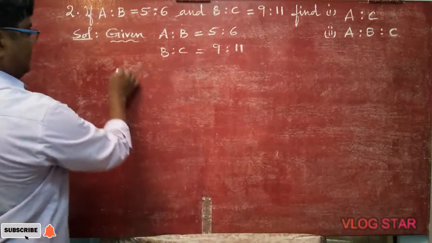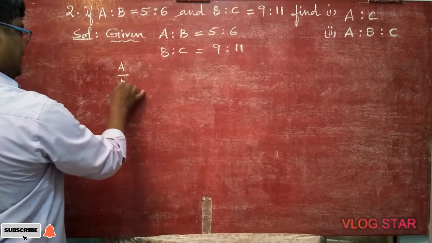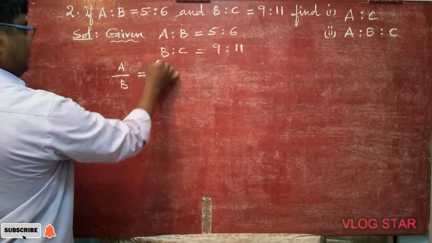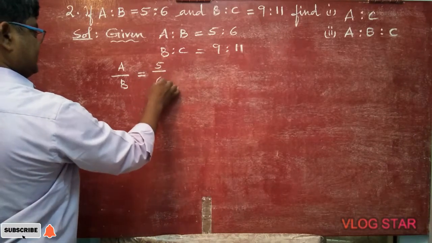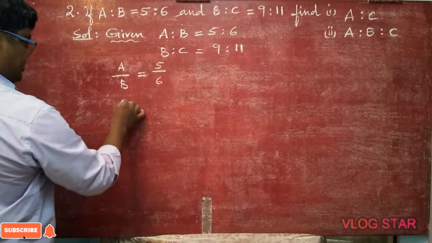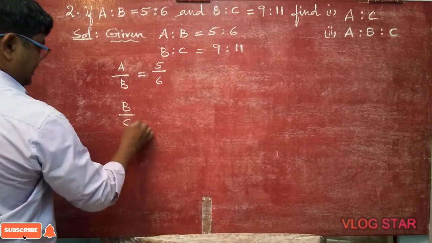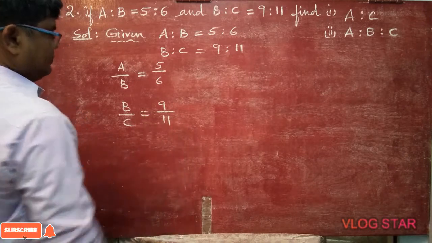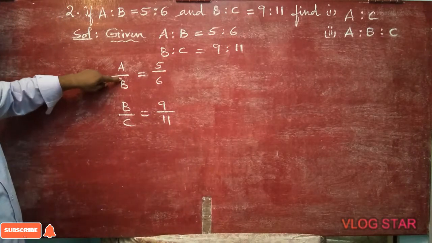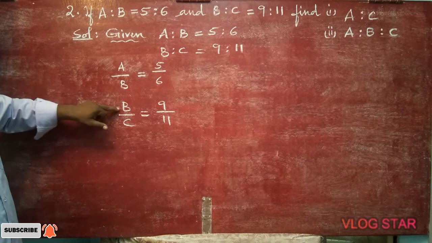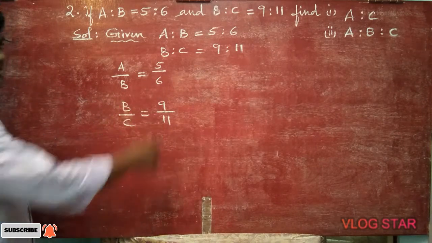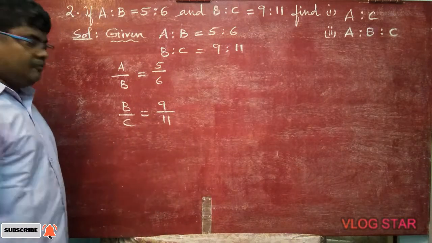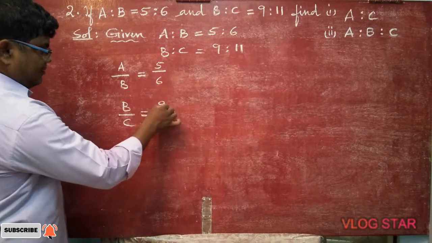What is the meaning of A is to B? Another form is A by B is equal to 5 by 6. Another form of B is to C is B by C is equal to 9 by 11. See here carefully. Here B is there, here also B is there, but the values are not same. Here B is 6, here B is 9. Make these values equal.